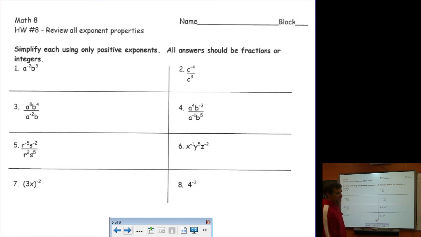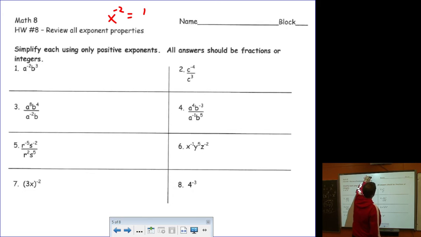All right, so remember, a negative exponent means either take the reciprocal, that would be take the reciprocal. The reciprocal of x is 1 over x. That turns the exponent positive.